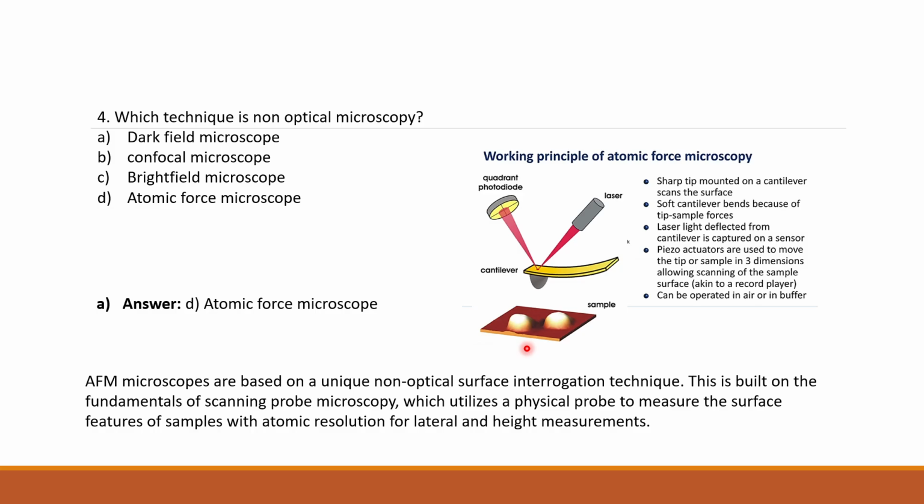When you move your stage, it will move in the x direction, y direction and z direction. So in 3 dimensions it will move. This is your x, this is your y, this is your z when you're doing your microscopy. It will go like this, it will go like this, and it can go like this also. That time you can see the depth in areas and you can scan the entire region.